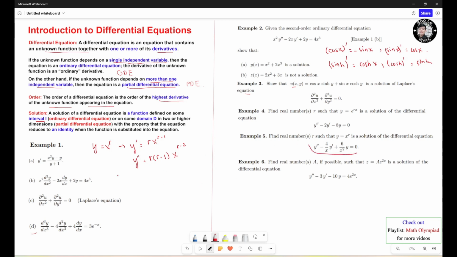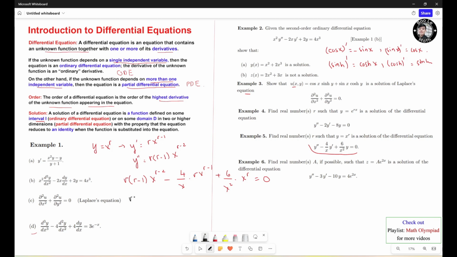So y double prime should be r times r minus 1 times s to the r minus 2 minus 4 over s y prime, which is r s to the r minus 1, and then plus 6 over s squared times y equal s to the r is going to be equal 0.